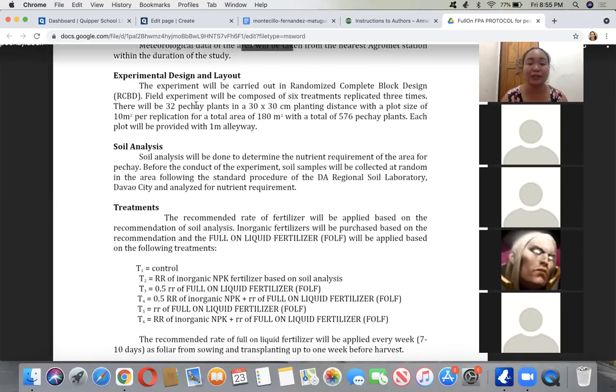But then 32 lang talaga ang kukunan mo ng data, no? Although applyan mo lang lahat ng treatments. Although not really 32, only 10 samples per replication.